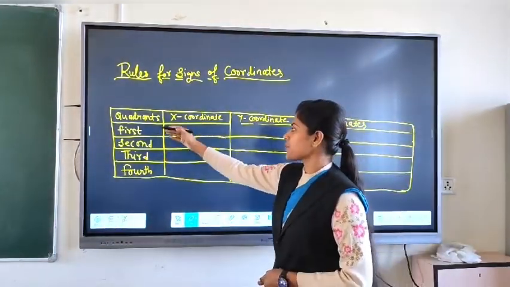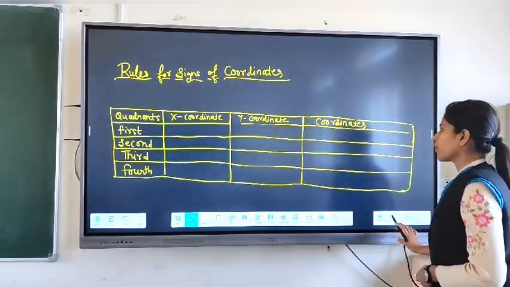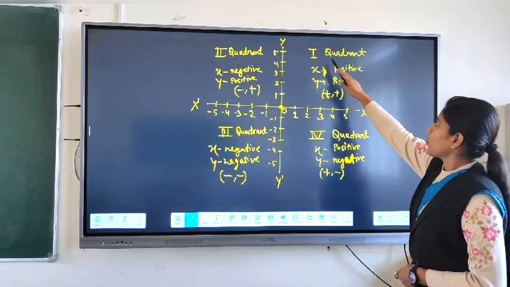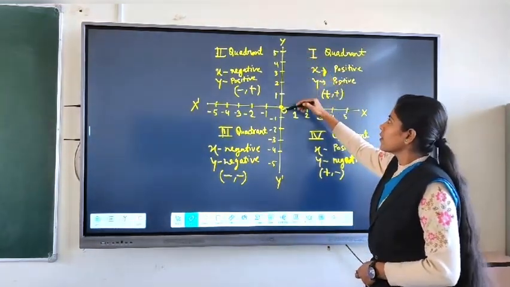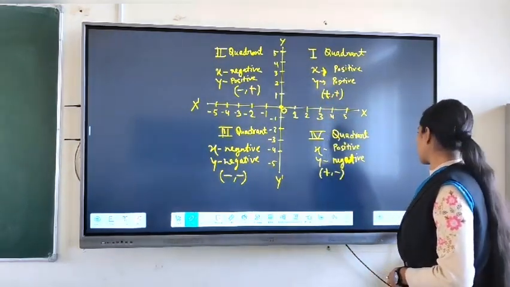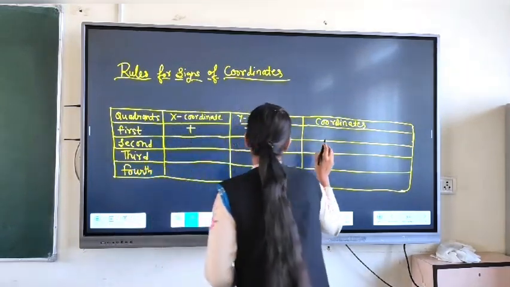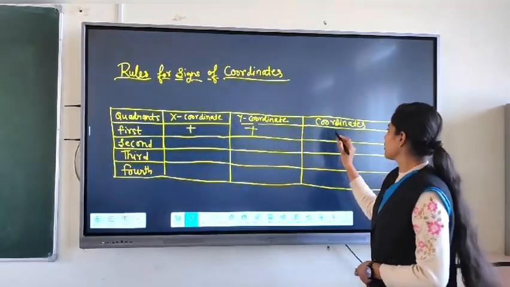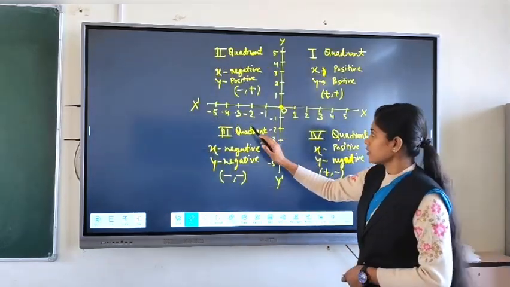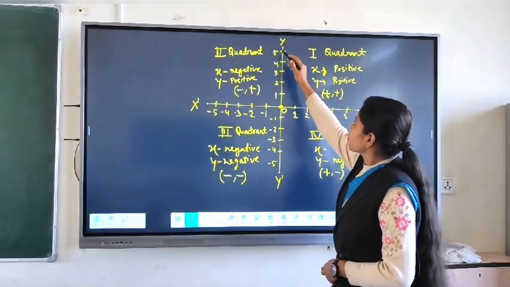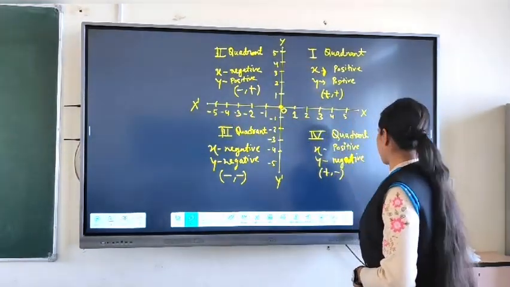So let's see the table of rules of signs for coordinates. Here: quadrants, first, second, third, fourth, x coordinate, y coordinate and coordinates. For the first quadrant, the x coordinate is positive and the y coordinate is also positive, so the sign is plus, plus. For the second quadrant, negative, positive.